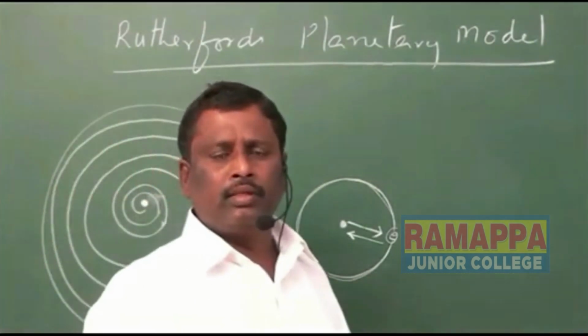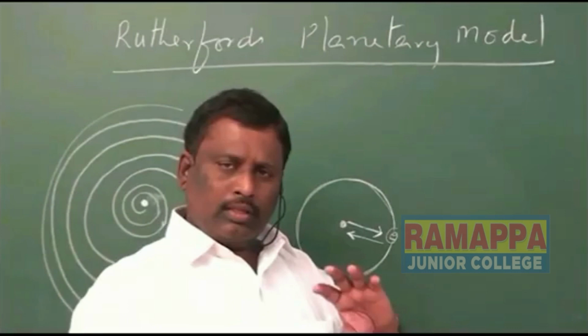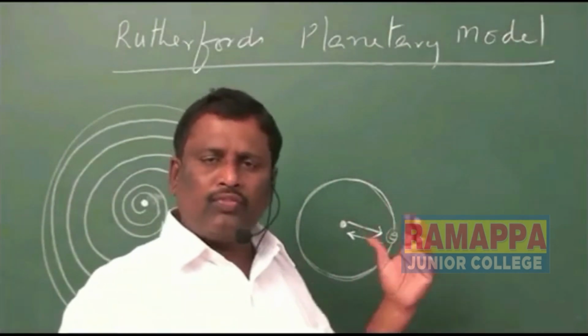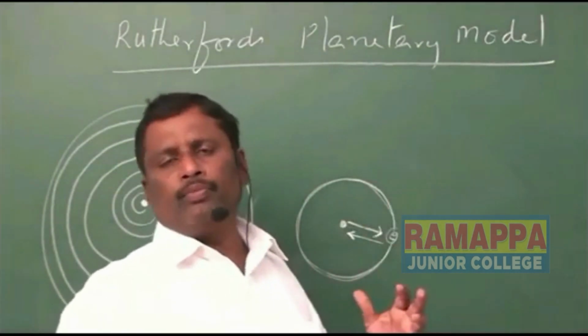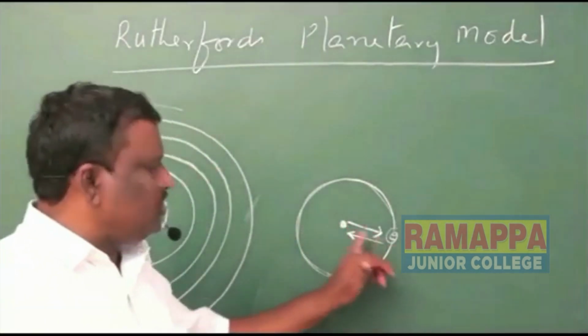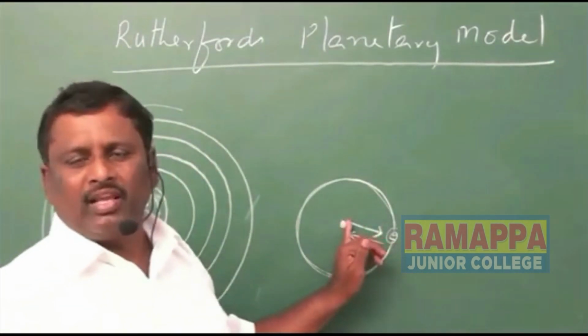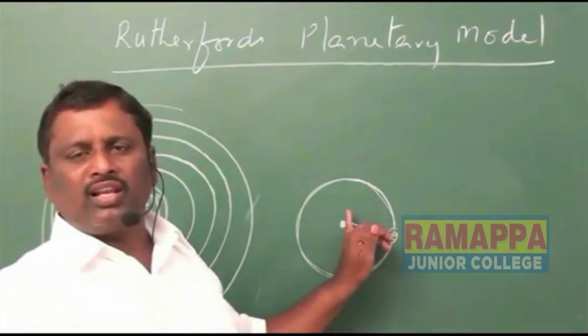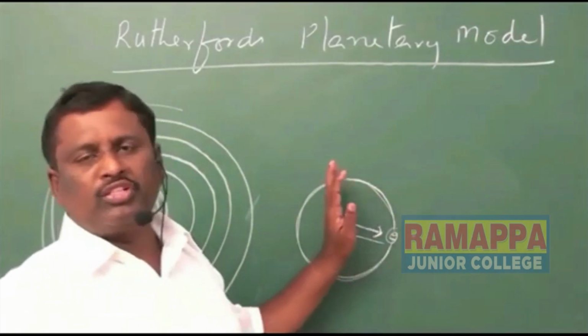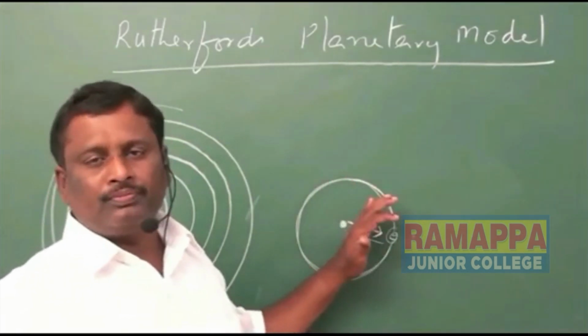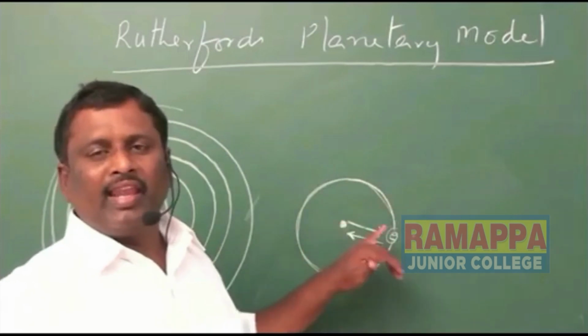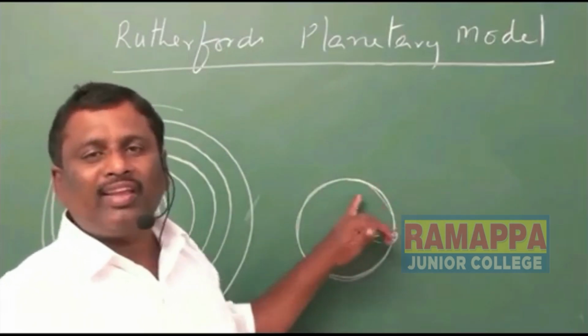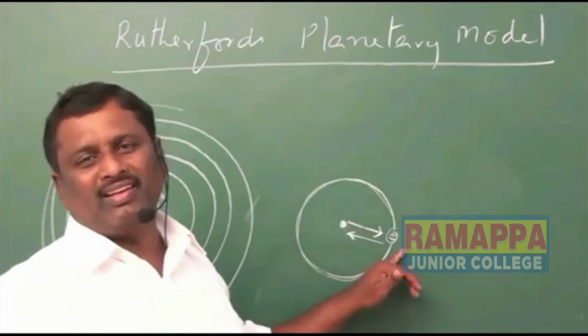That means the proposal of Rutherford is applicable only when there is no charge on these two particles. That is, if the nucleus is neutral and the electron is neutral, Rutherford's proposal would be acceptable. But here, a negatively charged particle is revolving around an oppositely charged particle.